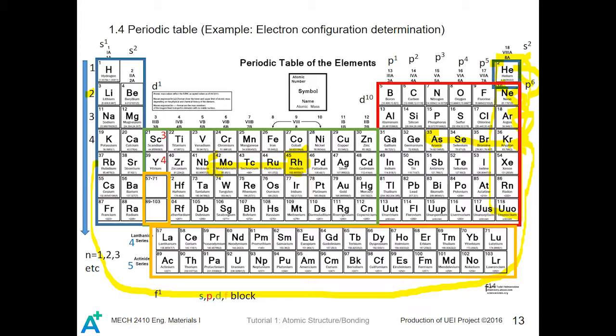For krypton, we use the same way. And this time, n equals 4. And there are d orbitals, as indicated by the d block presented here.